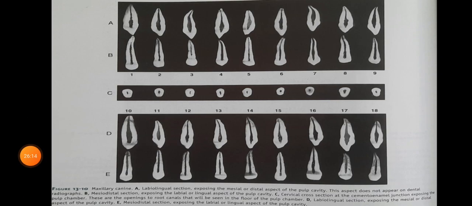In figure 13.10 A3 and 7, you can see the canines having severe curves in the apical aspect of the root. In figures 13.10 A2 and 5 through 8, D11, 17 and 18, you can see the apical foramen appear to exit at the tip of the root.